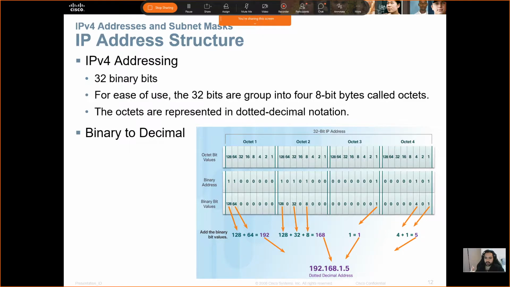Next week, we're going to study how to do some of the calculations to determine an IP address, a network address, and so on. For now, you just need to understand that an IPv4 address can be represented in binary form, with ones and zeros, or in decimal form, where each part is a number between 0 and 255. And why 255? Because it's the highest number you can write with 8 bits.